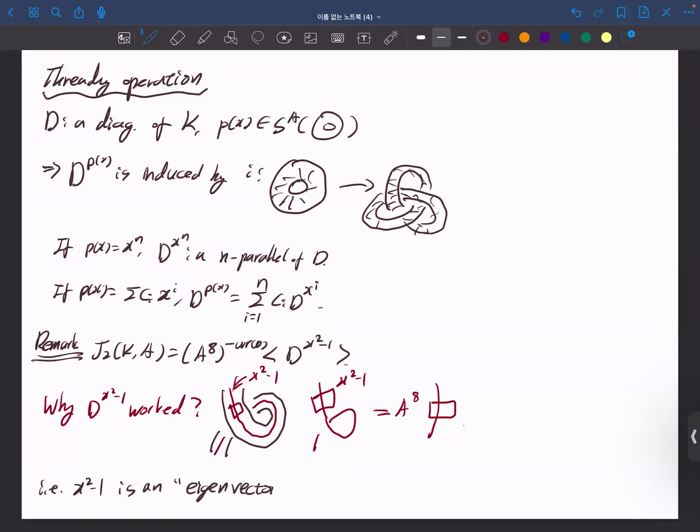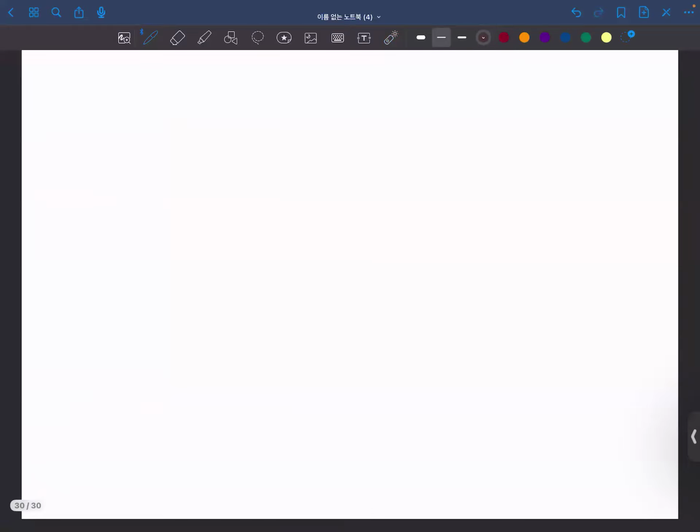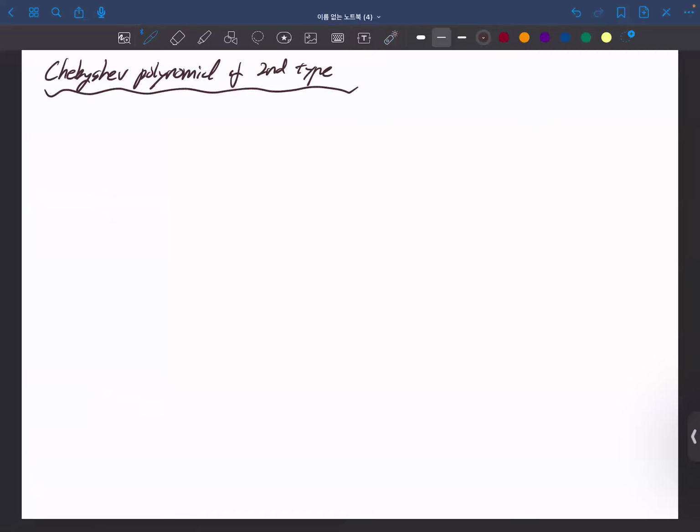That is, x squared minus 1 is an eigenvector for Reidemeister move 1. Then for higher numbers, which polynomial will be an eigenvector for Reidemeister move 1? It is the Chebyshev polynomial of the second type.